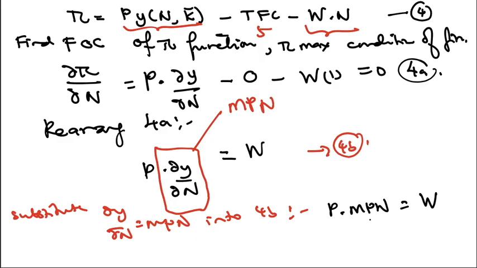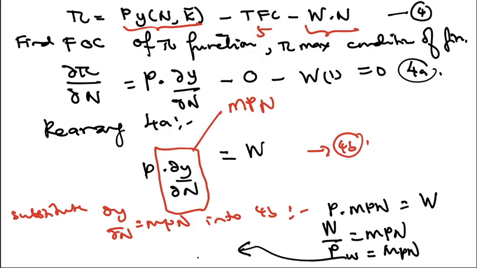Nominal wage is price times marginal product of labor. If I want to have real wage, it's very simple. Capital W divided by P equals to MPN. Or small letter w equals MPN, such that small w is actually capital W over P. So from here, we have derived the demand for labor in the form of the Marx expression.